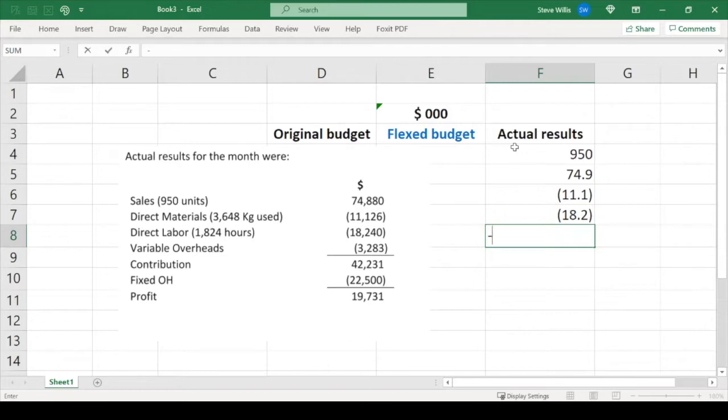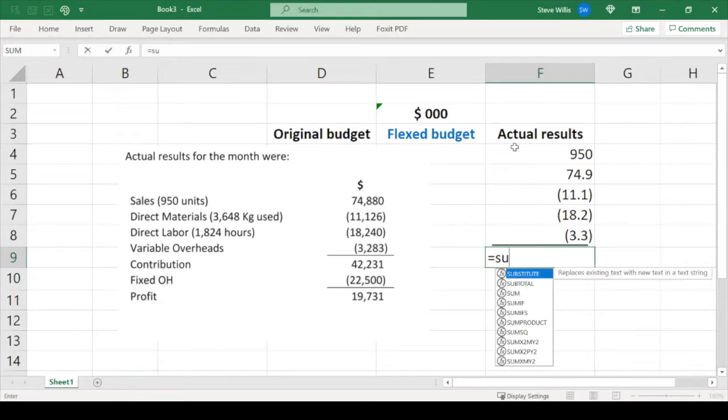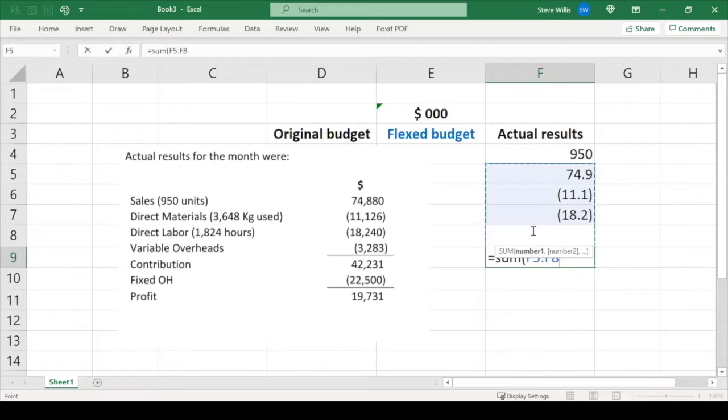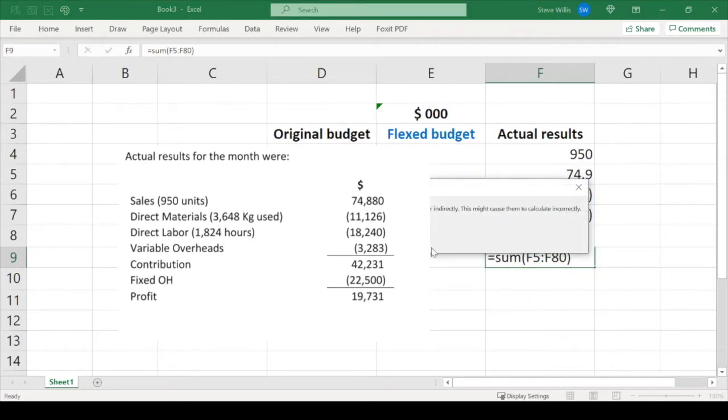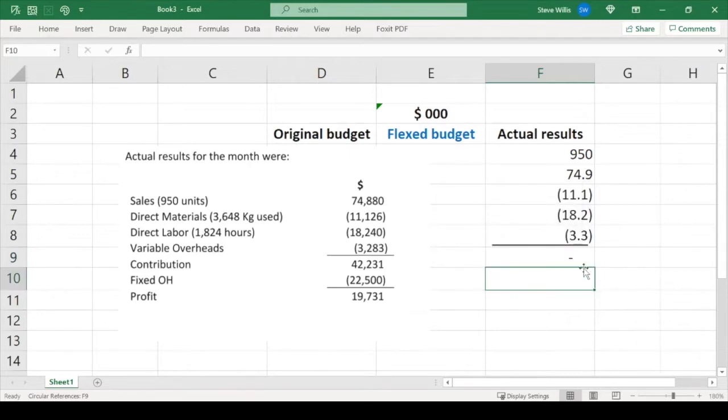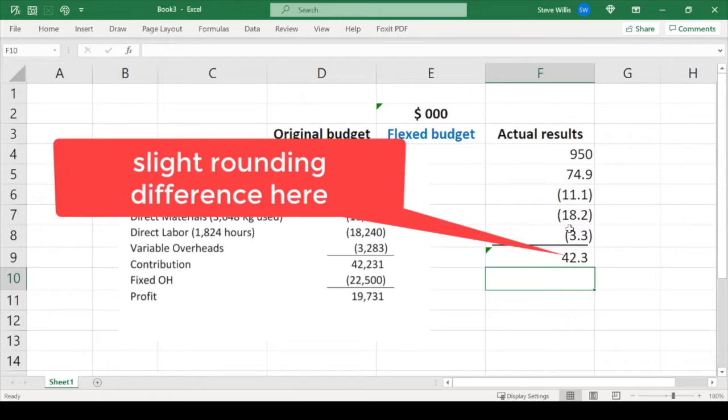Actual spend on variable overheads, 3.3. Actual contribution, $42.3 minus the actual fixed costs.